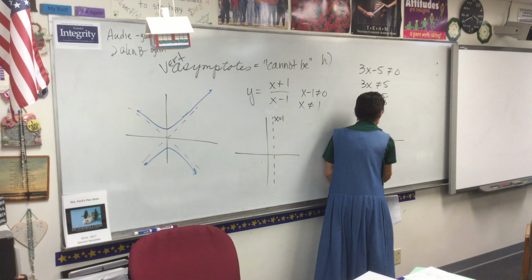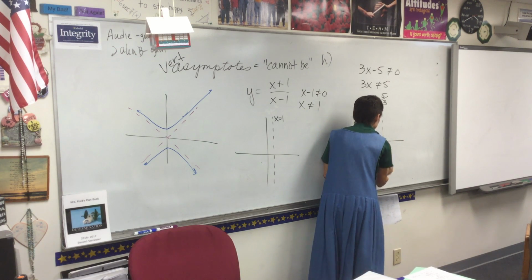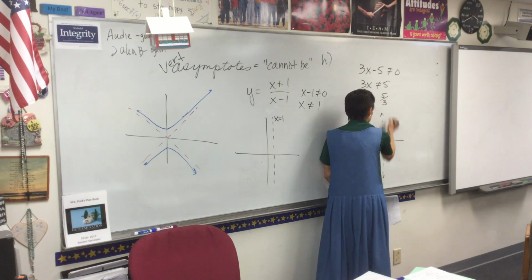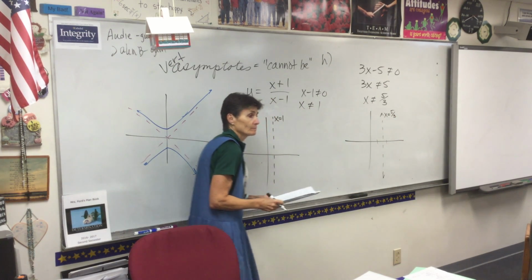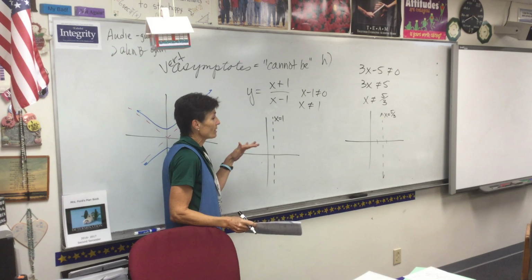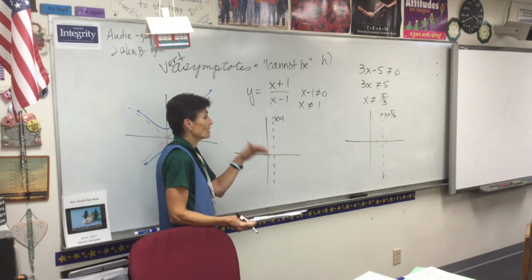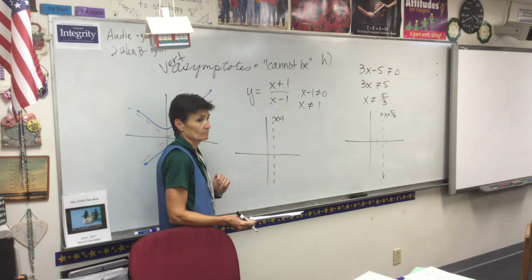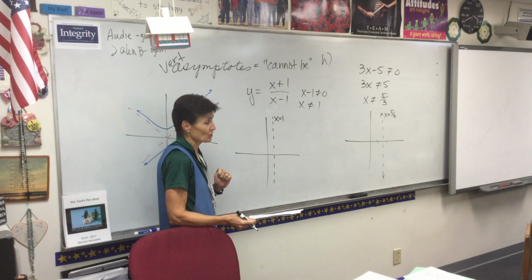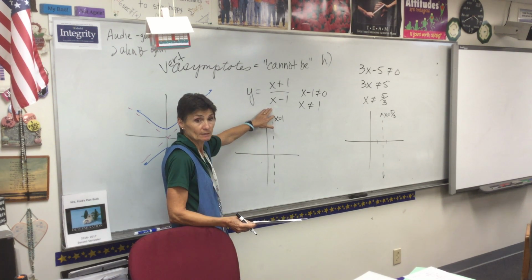So your job is to draw it. 5/3 is in between 1 and 2. There it is. x equals 5/3. That's your vertical asymptote. You don't have to draw anything else, so don't make this hard. You are simply drawing in the vertical asymptote.